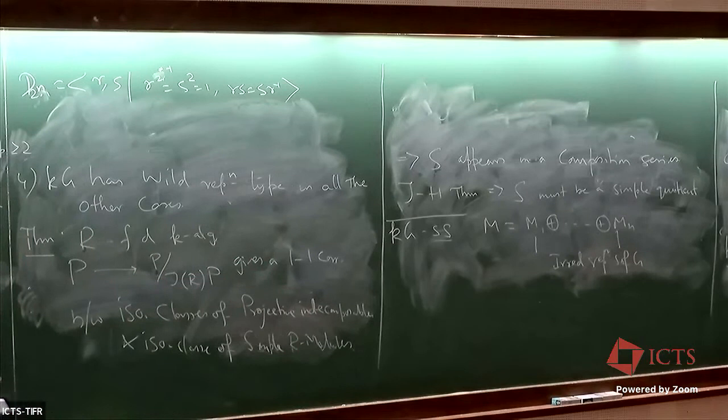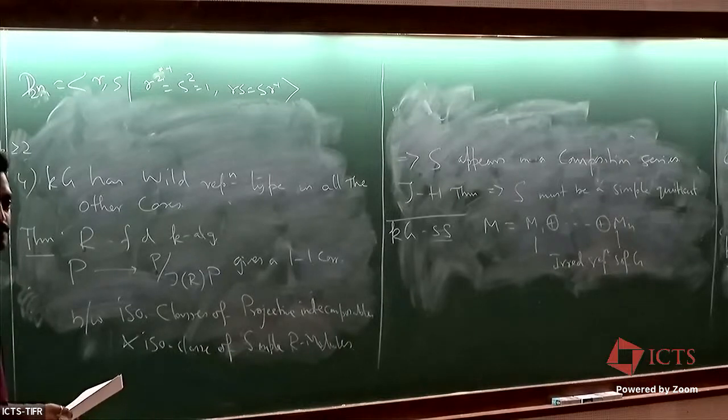Therefore, we have seen that for an Artinian case, there are finitely many of these simple R modules up to isomorphism. Therefore, we can say that in this case, there will be finitely many isomorphism classes of projective indecomposable modules as well. And in particular, this applies to KG.